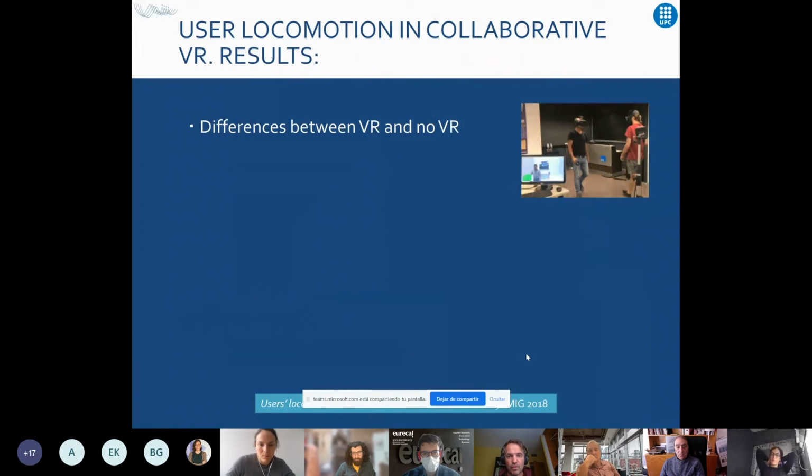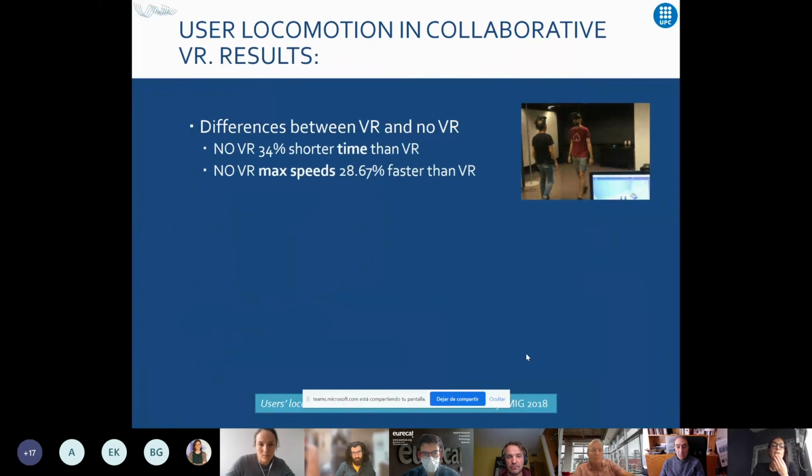In this experiment, what we observed is, similarly to the literature, that when running the same experiment in VR or without VR, so just putting the head-mounted display on the head of the person, where every other limitation of the setup is the same, we noticed that when we're in the real world, we do this task faster and in shorter time, obviously.